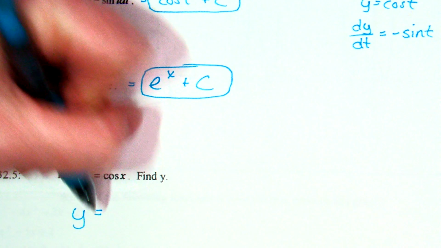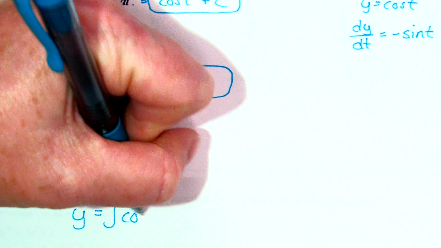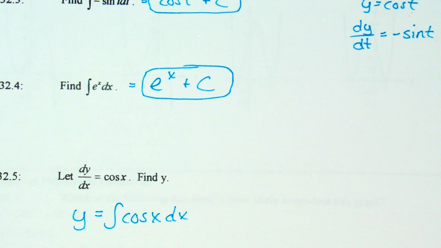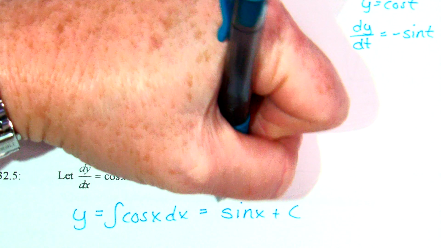So this is y. So we just went backwards. We just did the antiderivative. So this is asking for us to do the antiderivative of cosine x dx. What is the antiderivative of cosine x? And then, as always, plus c. So sine x plus c.